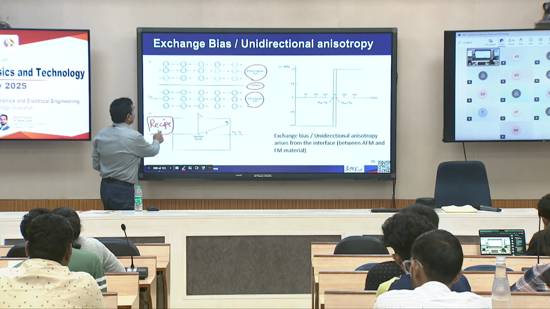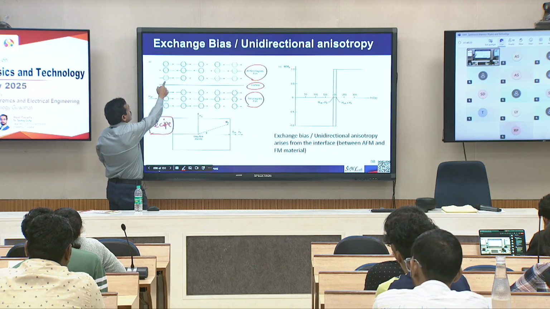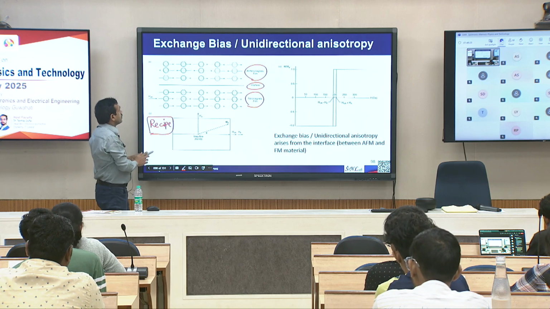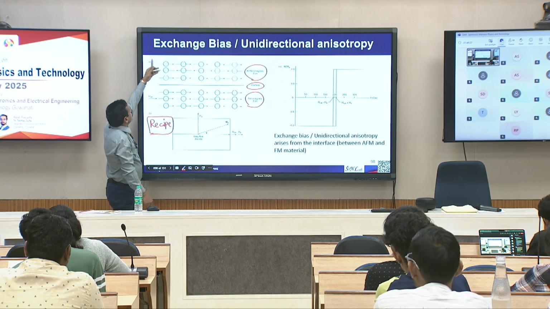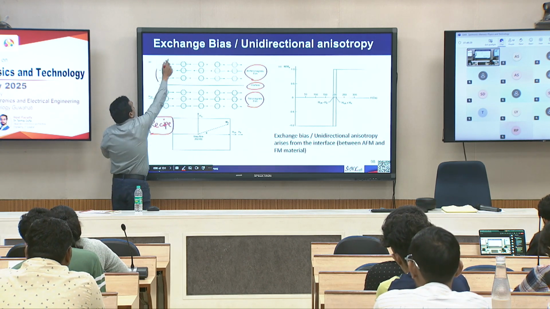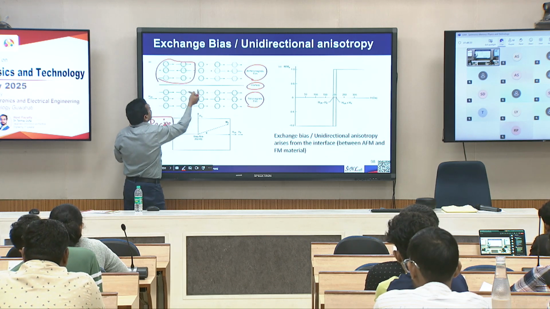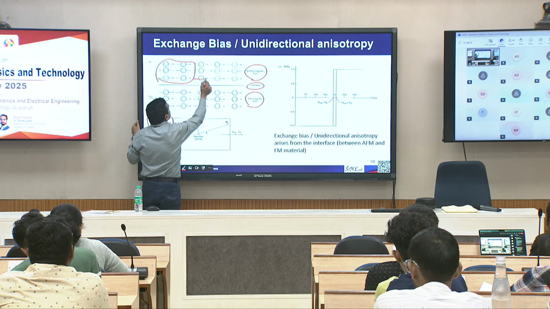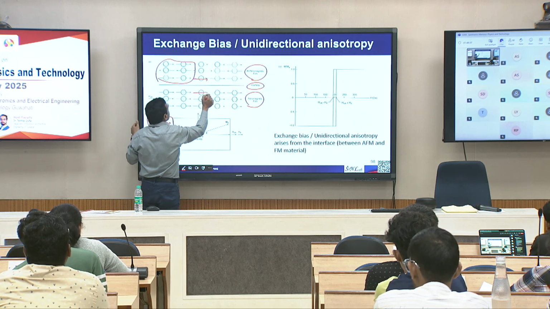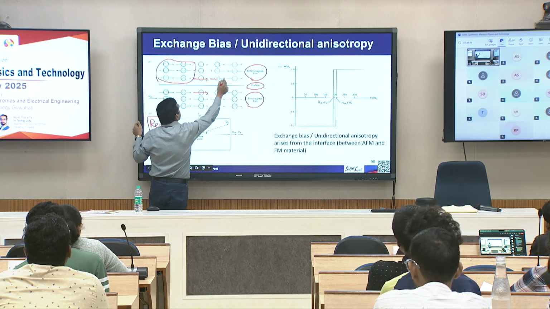After doing this recipe, you have the spin structures as shown in this picture. The antiferromagnetic spins, you can see that they are antiparallel. But at the interface, you can see that the spins of the antiferromagnetic material and the ferromagnetic material are parallel.